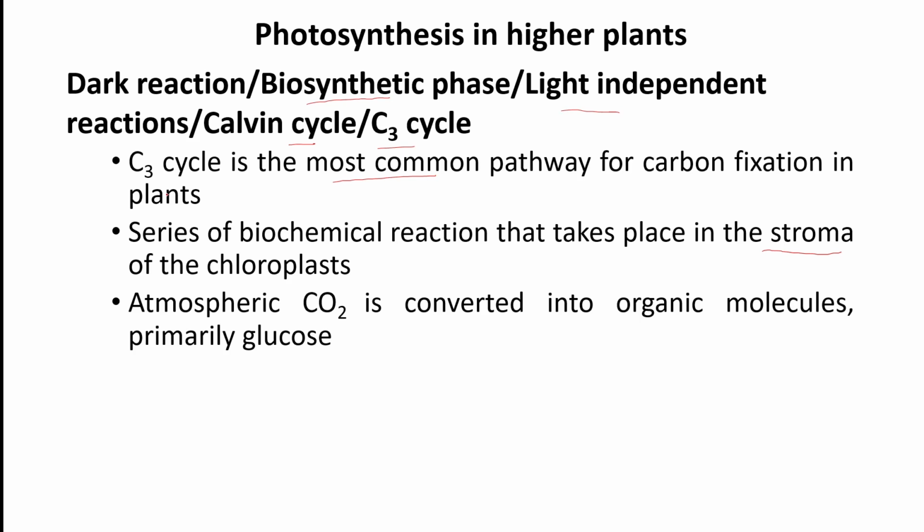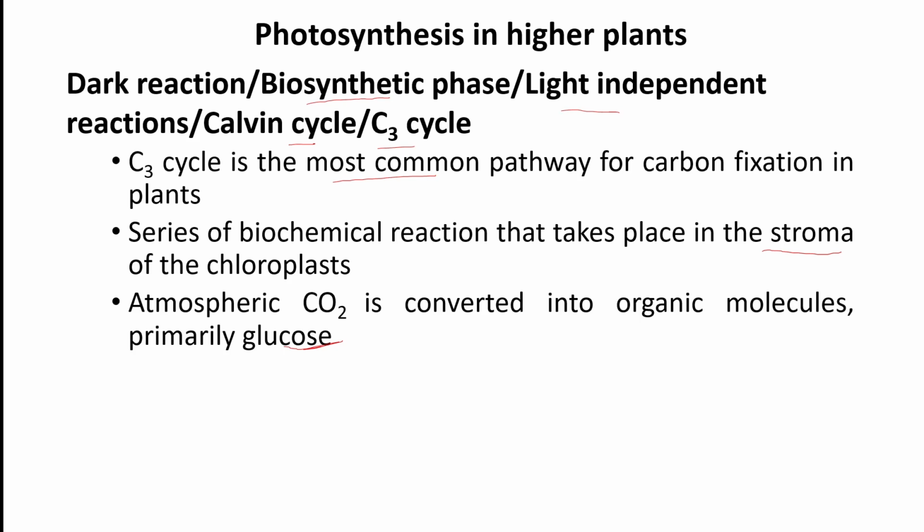Okay, so what happens in C3 cycle? The atmospheric carbon dioxide is converted into organic molecules, which are your carbohydrates, and primarily glucose is synthesized. Okay, so the major product is glucose, and glucose can further be converted into other carbohydrates such as starch and cellulose depending on the requirement of the plant.